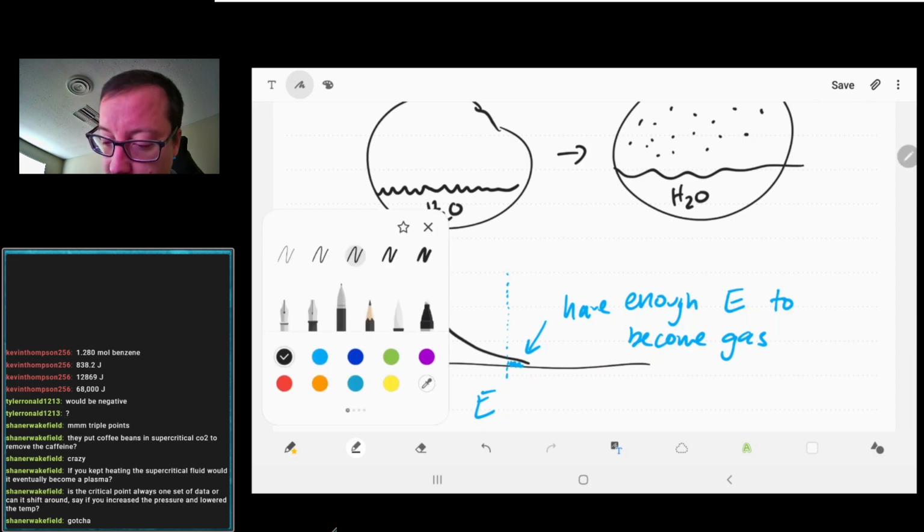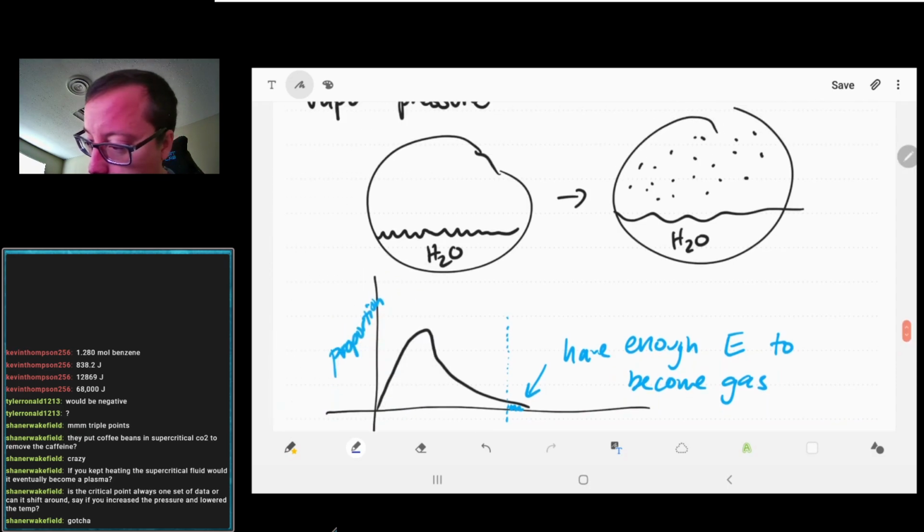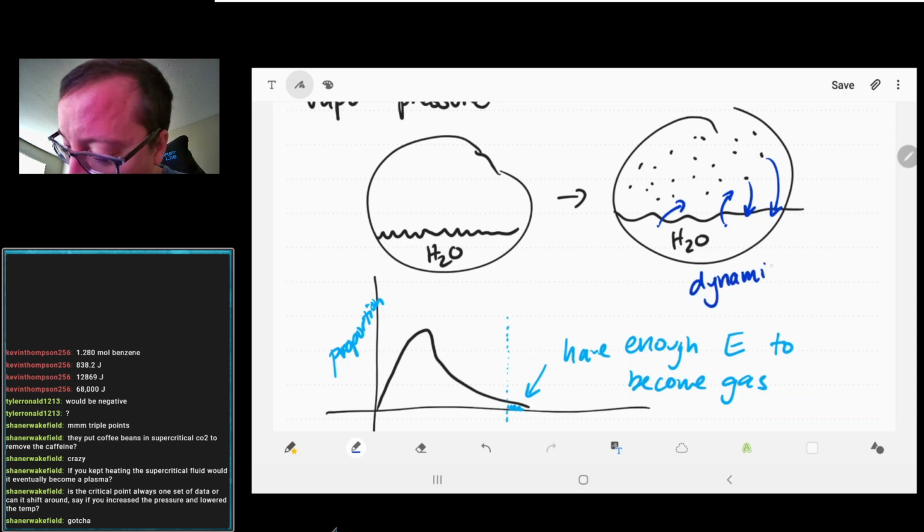We're going to have molecules that are switching places. So eventually, these molecules will slow down enough that they're going to condense back into a liquid, and we're going to have parts of that liquid that are going to get enough energy to then become a gas. So we call this a dynamic equilibrium.